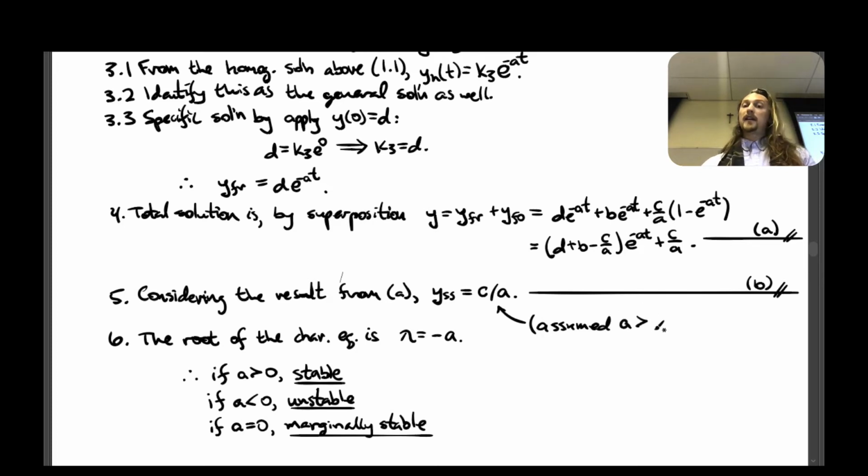Well, it has to be positive, right? Because there's no steady state value if it's unstable, right? It never comes down to an equilibrium. Okay, so that's this problem. Are there any questions on this?